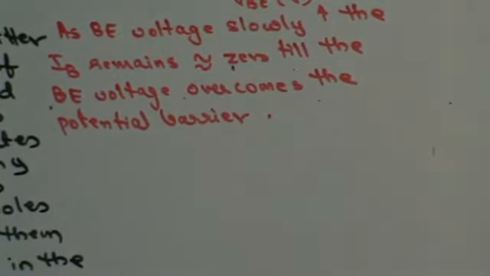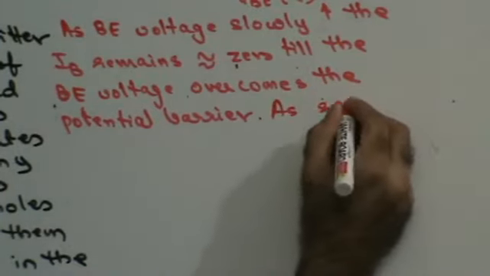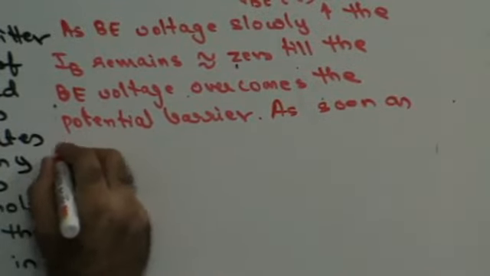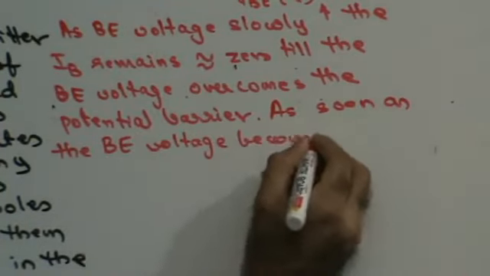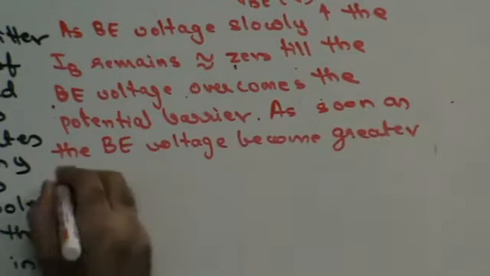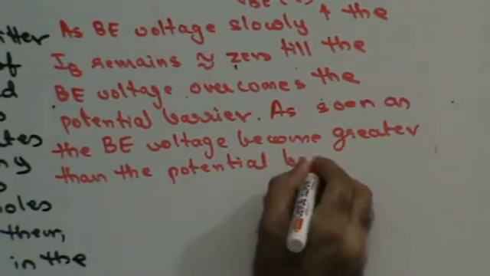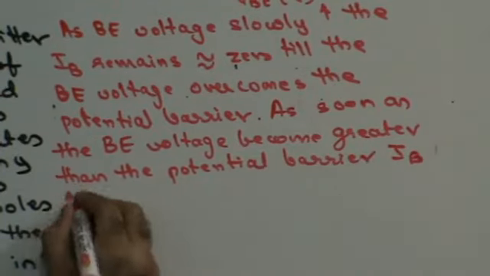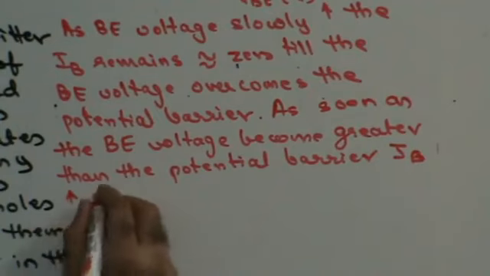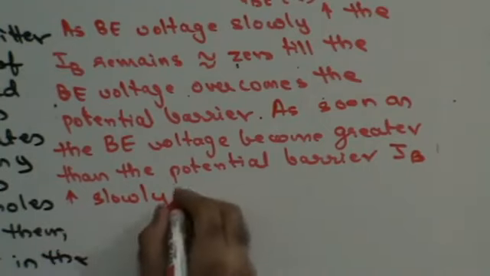As soon as the base emitter voltage becomes greater than the potential barrier, the base current increases slowly, and then suddenly to a large value.